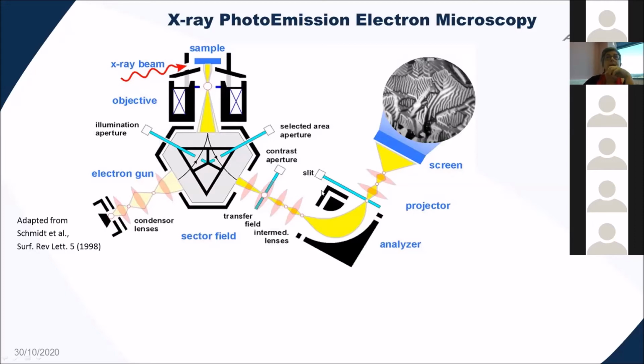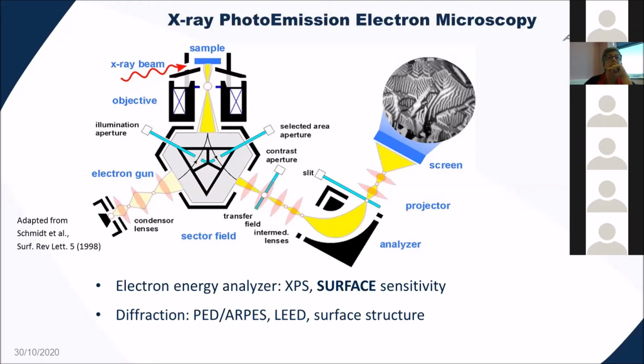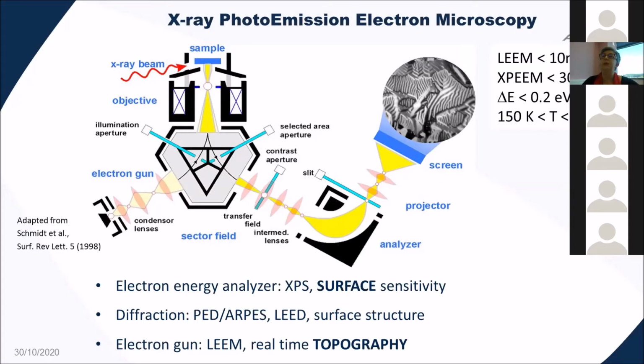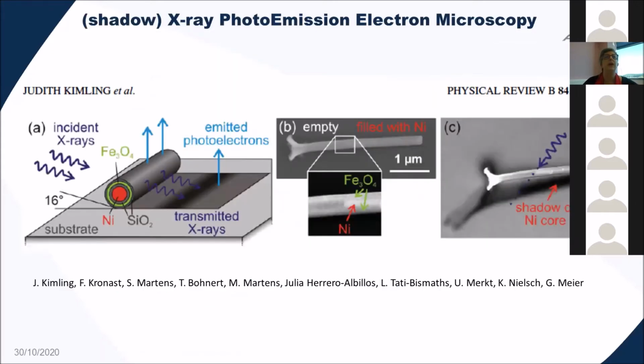So it's a typical surface science machine where one can combine different techniques. The typical resolution is 30 to 50 nanometers; it depends a lot on the machine and how well it is aligned. It can go down to 20 nanometers, sometimes it's limited to 70.